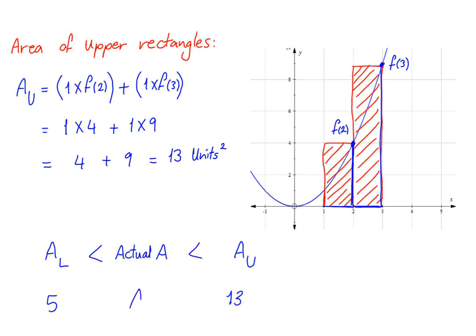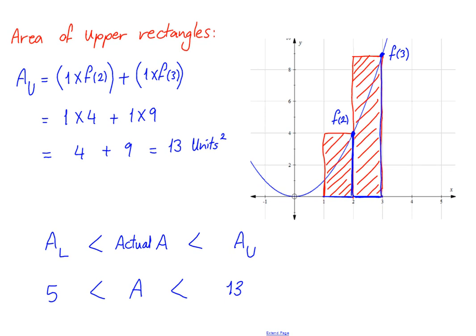So the actual area here is somewhere between 5 units squared and 13 units squared. If you want an even more accurate estimate, the area would be approximately the average between 5 and 13. So it's 5 plus 13 over 2. That's 18 over 2, which is 9 units squared. That's again not the exact area, it's just an average between the area of the lower rectangles and the area of the upper rectangles.